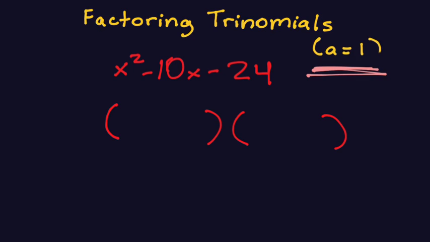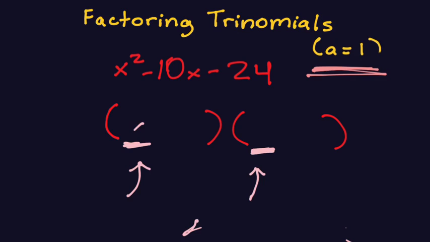Okay, the first thing we're going to look at is these first 2 components of the parentheses. What's going to be right here and what's going to be right here. Then we're going to either add or subtract them from the second component, which is there and there. But right now, we're just focusing on what's going right here and what's going right here. Now, since we're factoring trinomials where the a value, or this invisible number right here, is 1, this is actually really easy.